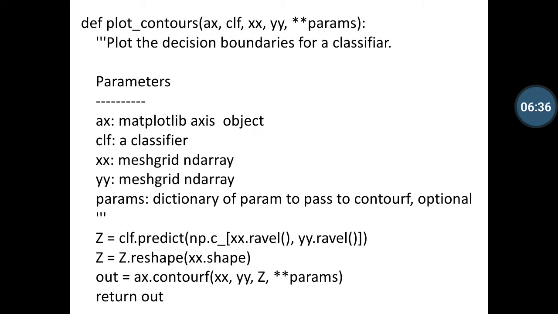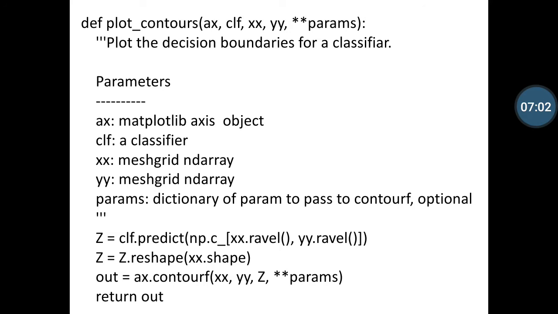Then I am defining the next function to plot the values. I define the function name as plot_contours and put the arguments ax, clf, xx, yy and **params as arguments, and then put the colon. Then I describe the variables used in this function.